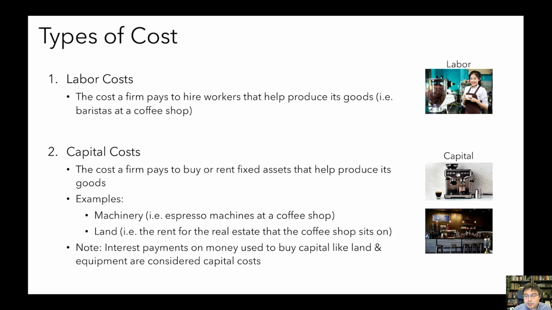One major important capital cost is the cost of buying or renting the land that your company sits on and the office space that your company uses. Okay.